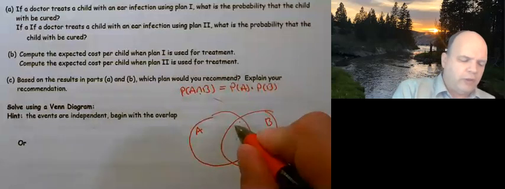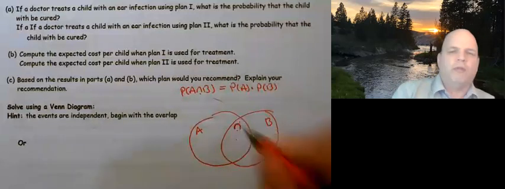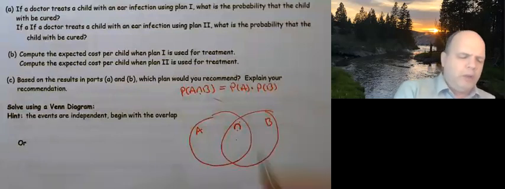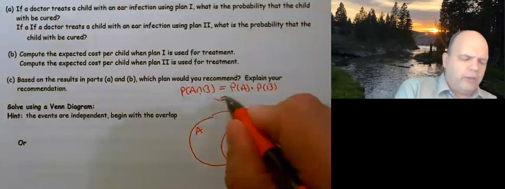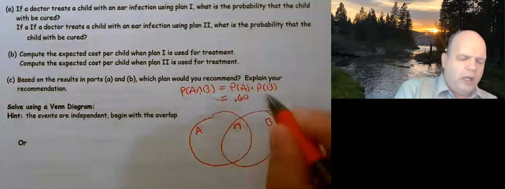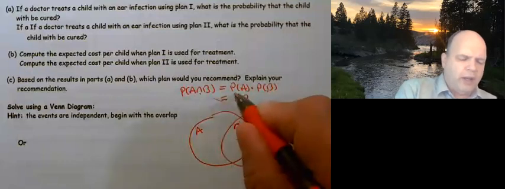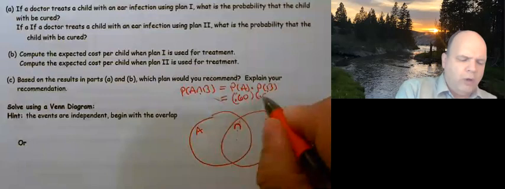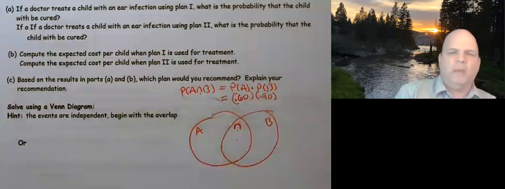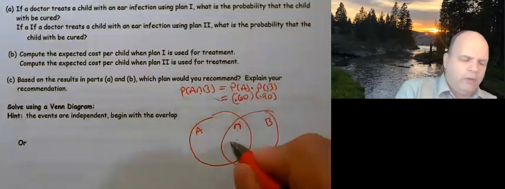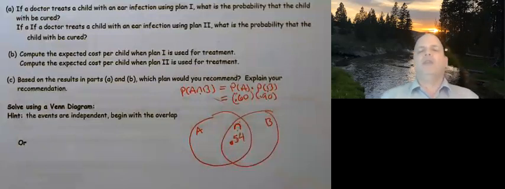I'm just going to put a little intersection symbol right here. Well, we know the probability of A success is 0.60, and the probability of B success is 0.90. When we multiply them, we end up getting 0.54. So this is my overlap of 0.54.